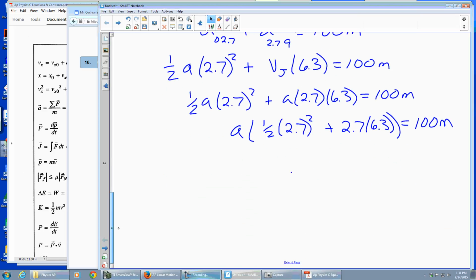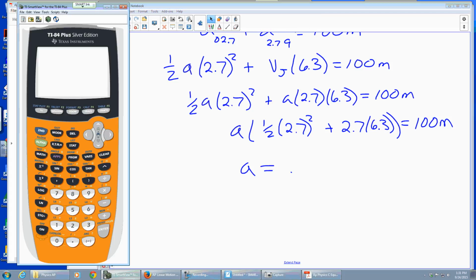Then once you figure out the A, let's see, I'm going to do this on the calculator rather than my head.